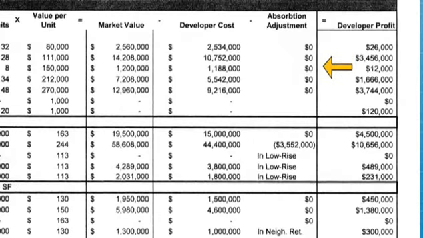Look down the Absorption Adjustment column. If a developer overbuilds, there will be a number in this column. This developer took a hit to the bottom line for overbuilding low-rise office. Armed with this information, you know what to look for, what to listen for, and have ideas for follow-up questions.